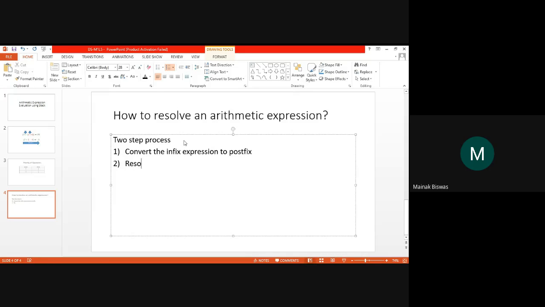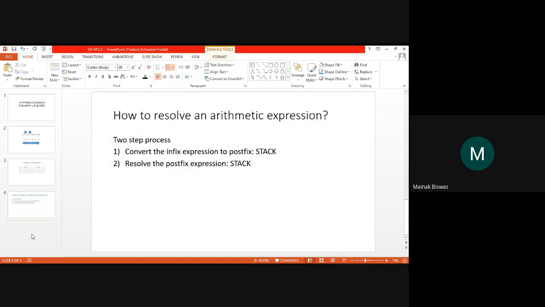Now resolve the postfix expression. In both these cases, we use a stack to resolve the problem. We'll do a very simple expression first, then we'll go towards a more complex operation.